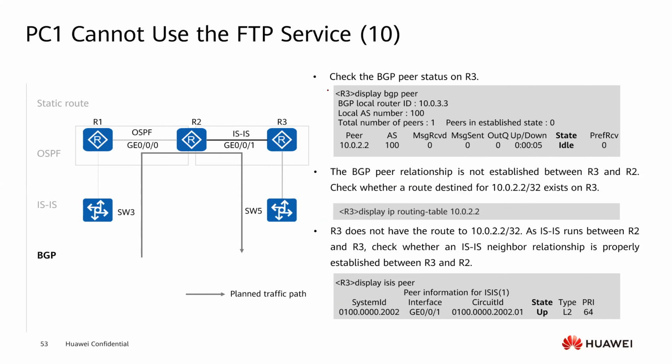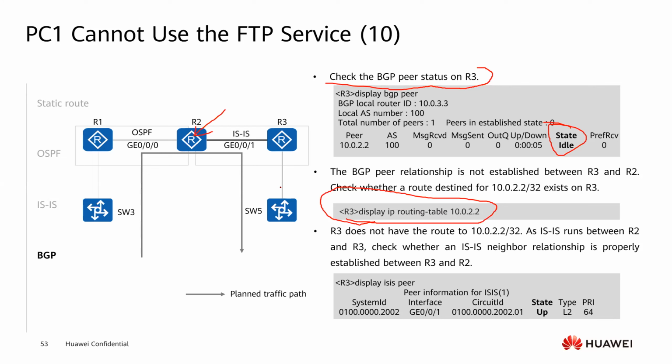R2 has learned the route, you can see here. We check the BGP peer status on R3. We find that the state is idle. Then we see the IP routing table for 10.0.2.2, the loopback interface of R2. We found the routing table can't find this route.